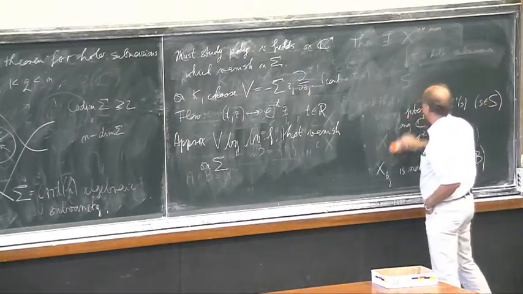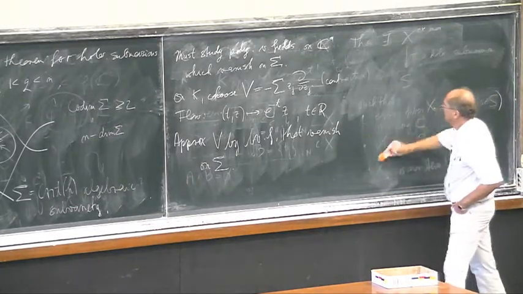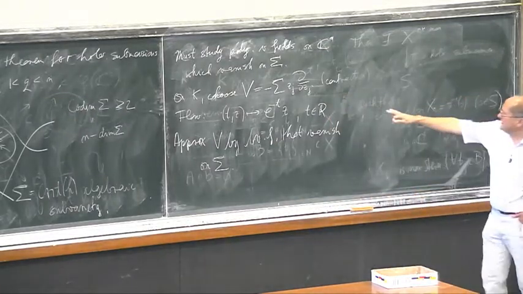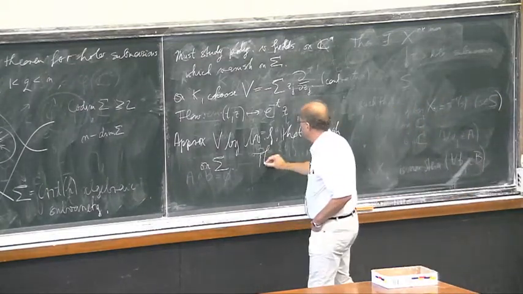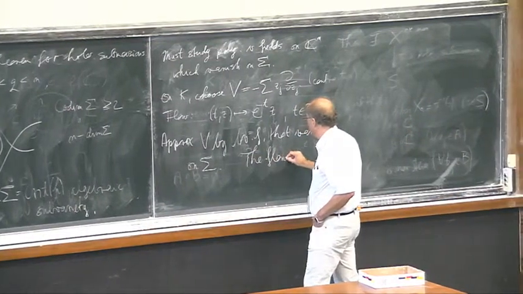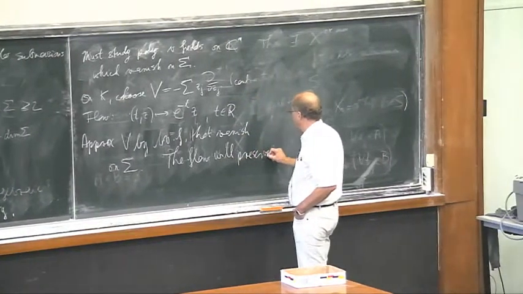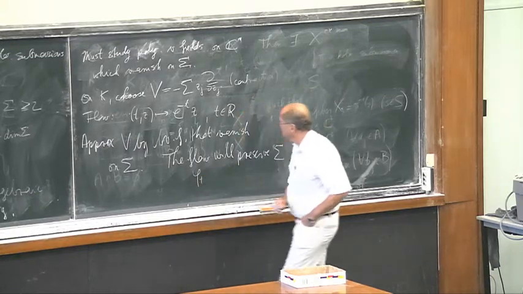Because what will the flow of such a field do? Well, the flow will then, of course, do the same thing here on K, but it's going to preserve sigma. So the flow will preserve sigma. Okay, let's call this flow phi_t.